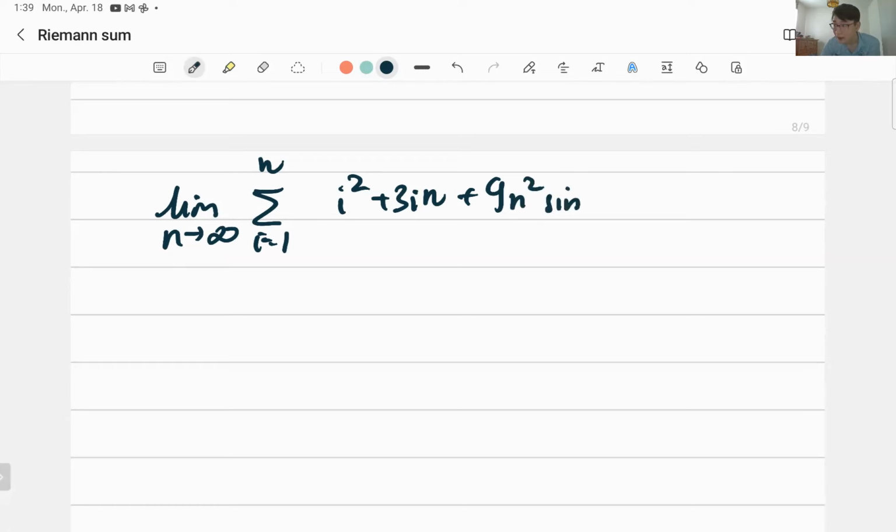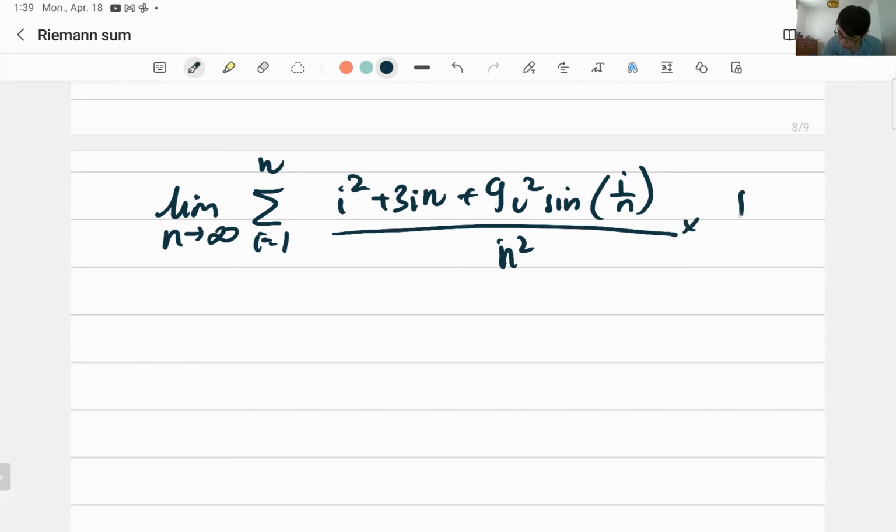Sorry, not this one. It's i squared, i over n squared, times 1 over n. All right, for this problem, it's nice enough to let me know that 1 over n is actually the width of the rectangle.